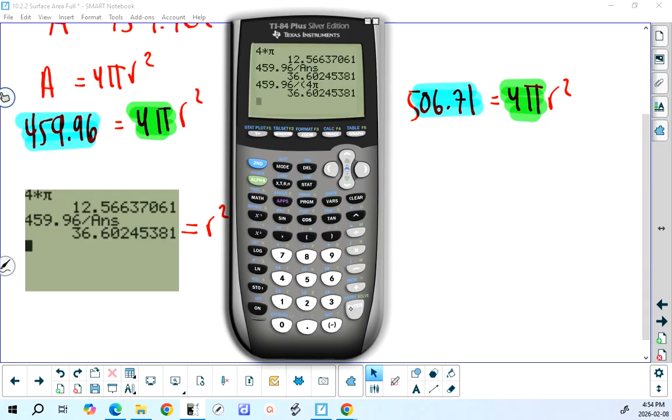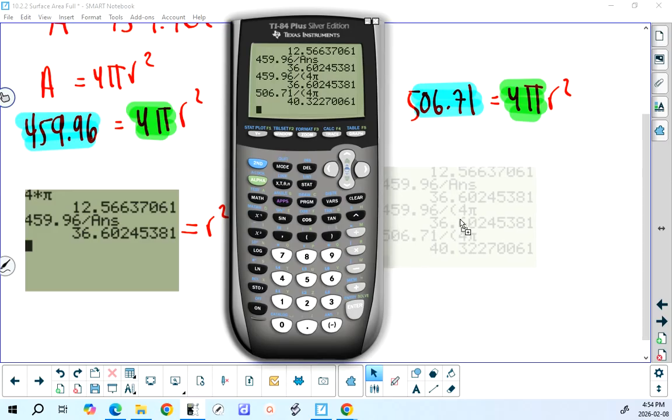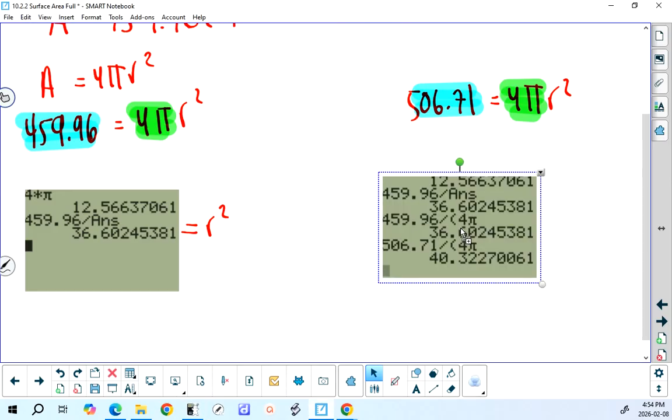Doesn't matter. On the other side of the screen, I'm going to take 506.71, divide by, in brackets, 4 pi. So this is what r squared is for the larger.